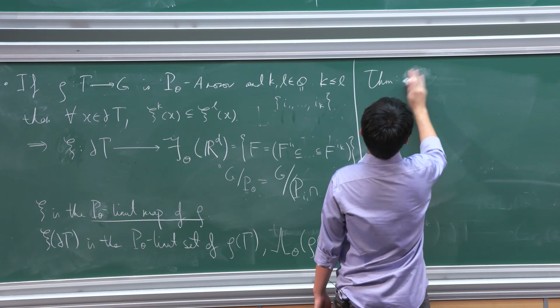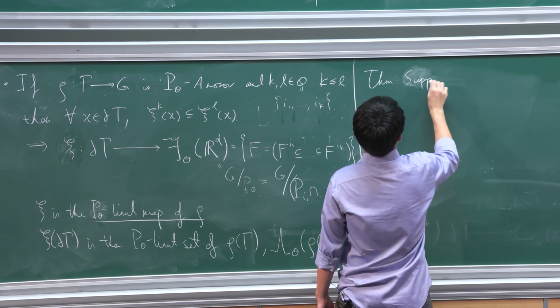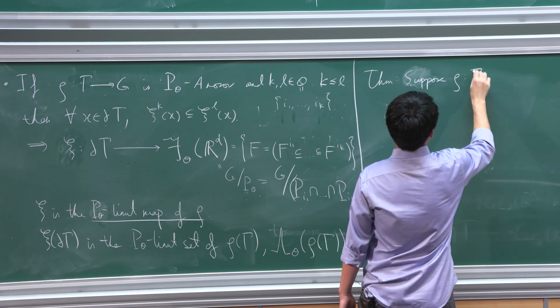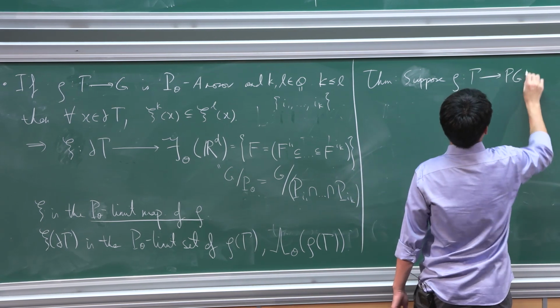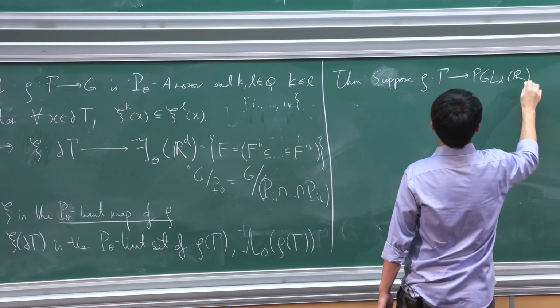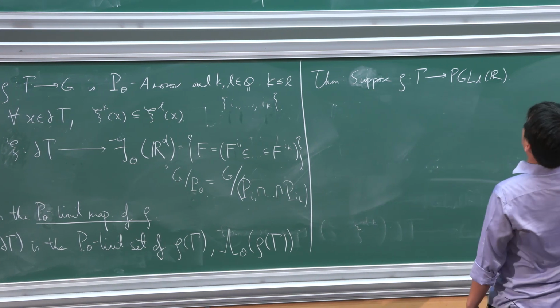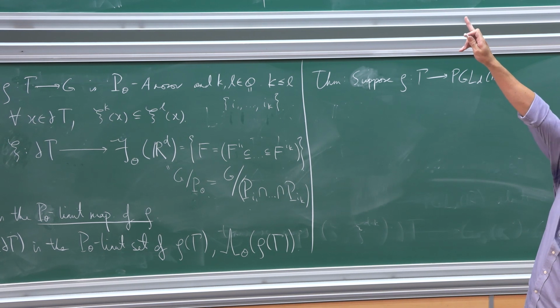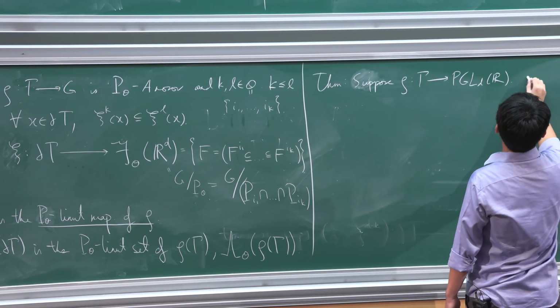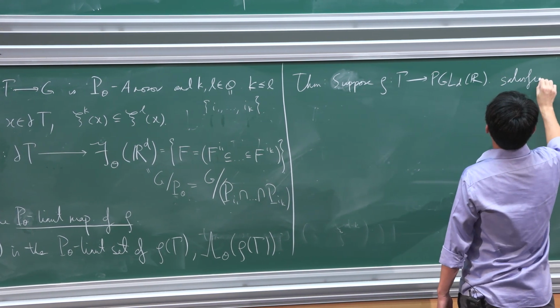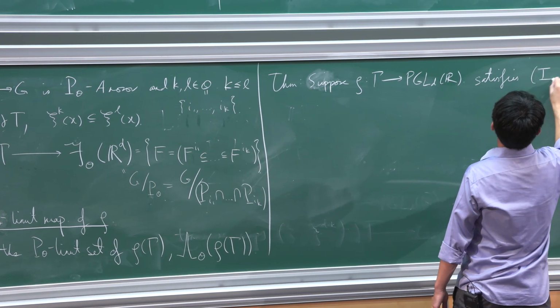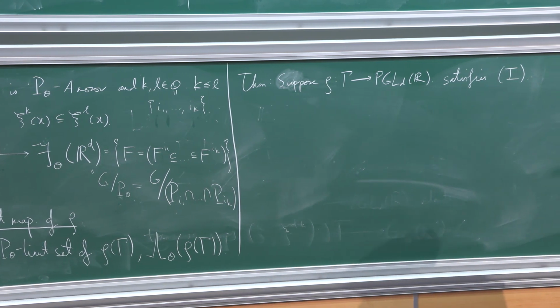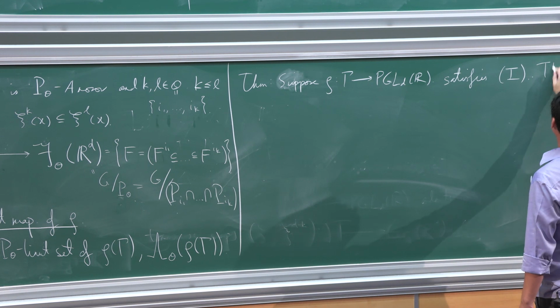Suppose that you have a representation rho from gamma to PGL(d, R), and suppose that it satisfies condition 1 of my definition. Then the following are equivalent.